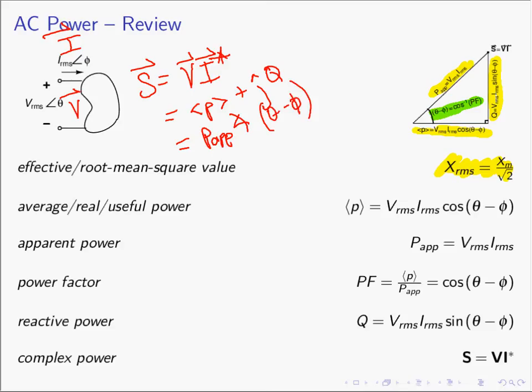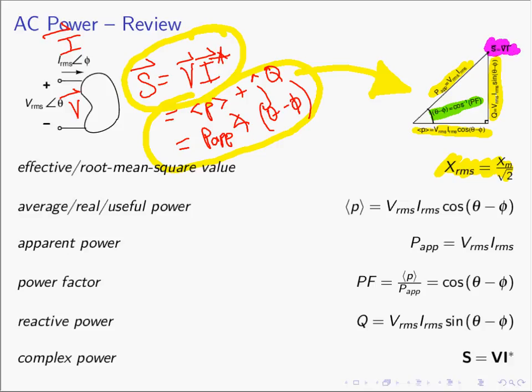And so my favorite method for tackling these problems is to compute the complex power and simply write it in its two forms, and then from those two forms populate my power triangle, in which case I can answer any question you want to know about AC power. Complex power V I conjugate is just a wonderful, great shortcut tool to answer all your questions.